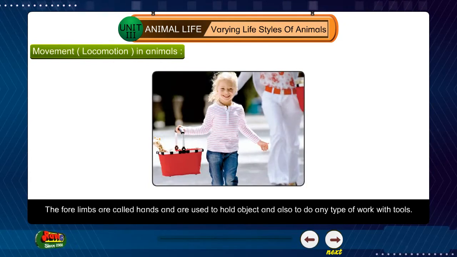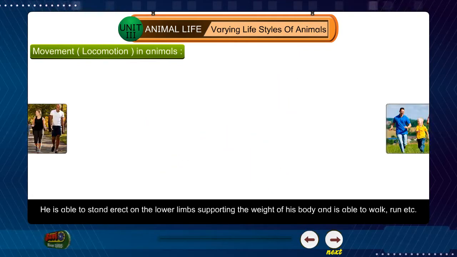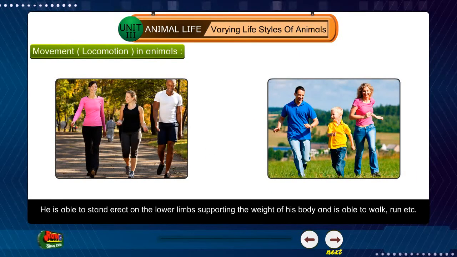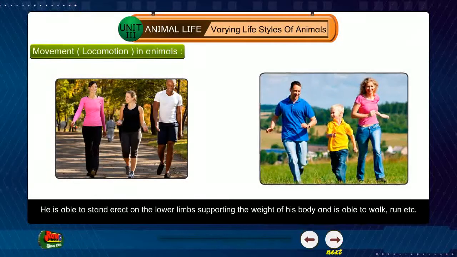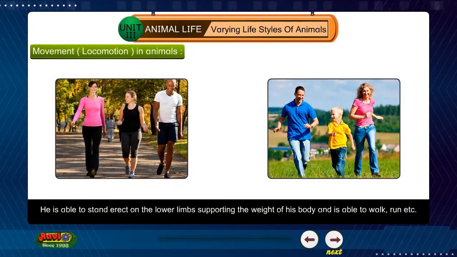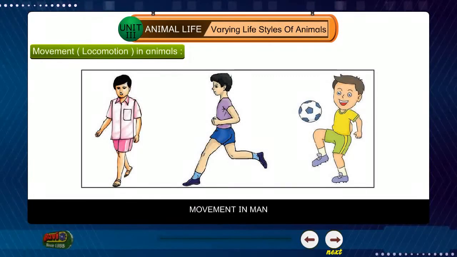The forelimbs are called hands and are used to hold objects and also to do any type of work with tools. He is able to stand erect on the lower limbs, supporting the weight of his body, and is able to walk, run, etc. Movement in man.